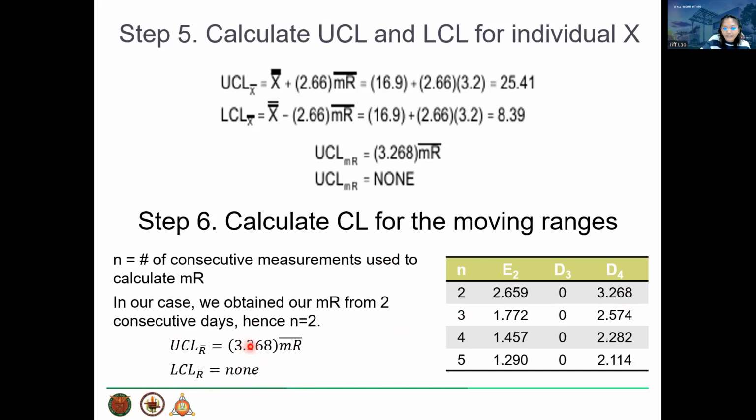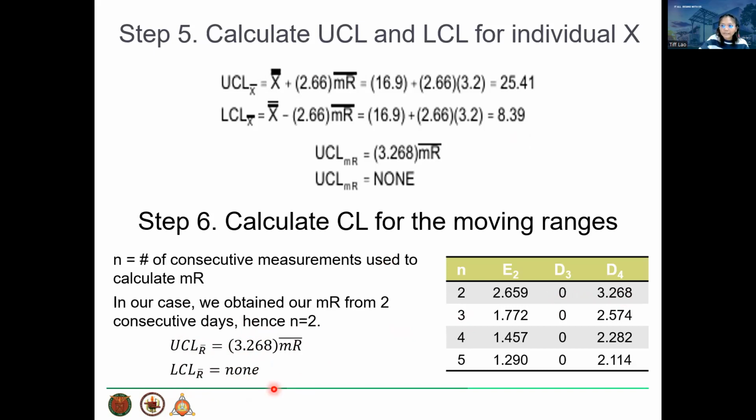Pakitake note, hindi ko nalagay. Yan, D4, ito naman ay D3 plus MR. Paki-take note. D4, D3. Okay? Na-take note na ba? Ayan.